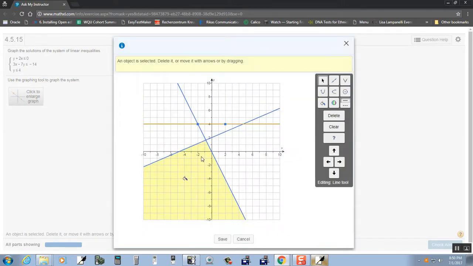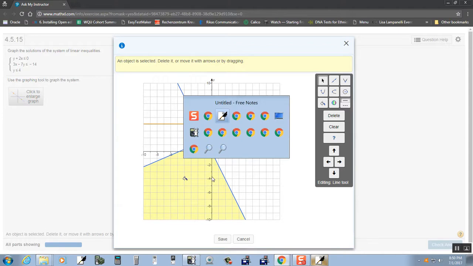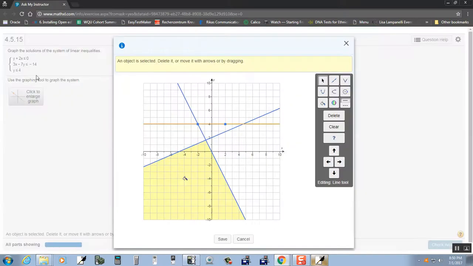Okay, now the question is if one of these points down here works in every one of our inequalities. So, for example, if I choose -2, 0. If I plug in -2 and 0 here, I get 0 minus 4, which is less than or equal to 0. -2 here and 0 here, that's -6, is less than or equal to -14.